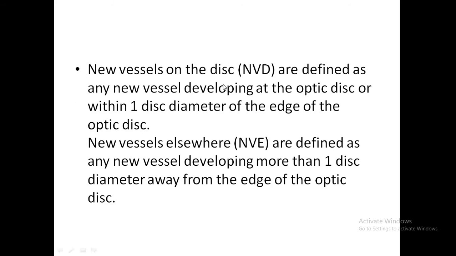NVDs are new vessels on the disc, and these are any new vessel developing at the optic disc or within 1 dd of the edge of the optic disc. NVE are defined as new vessels developing more than 1 disc diameter away from the edge of the optic disc. So within 1 dd of the optic disc you have the NVD, and if more than 1 disc diameter away from the optic disc you have the NVE, new vessels elsewhere.